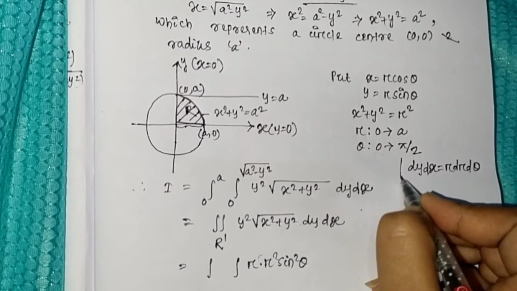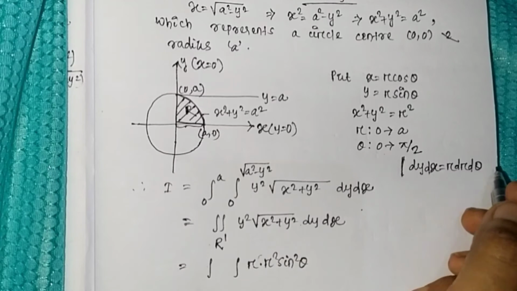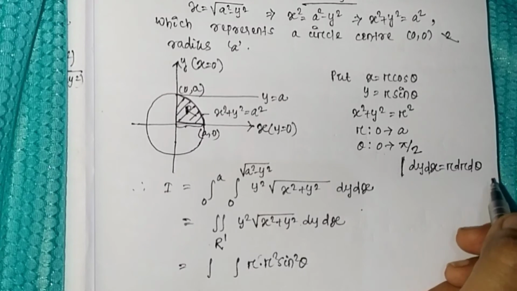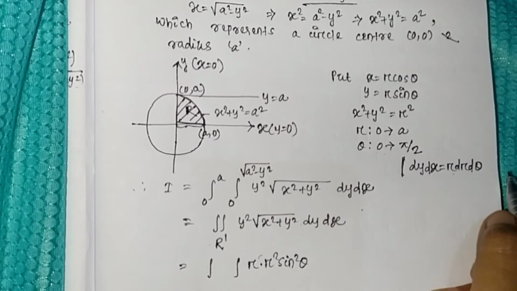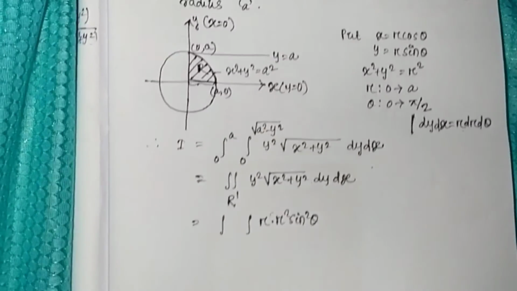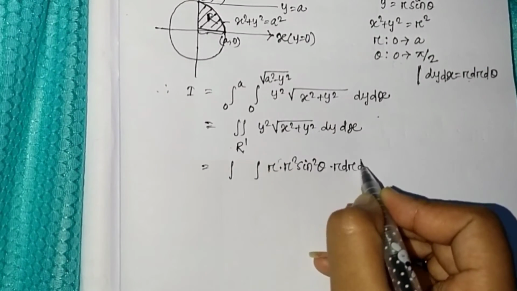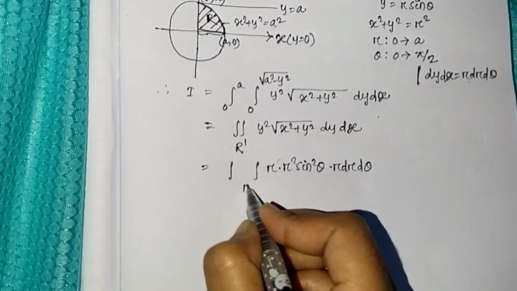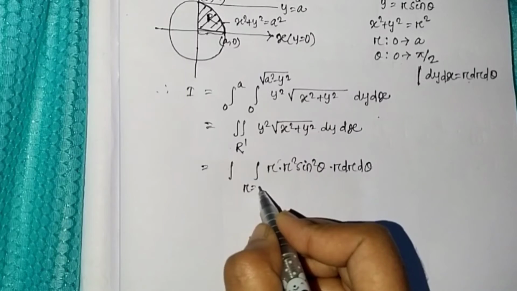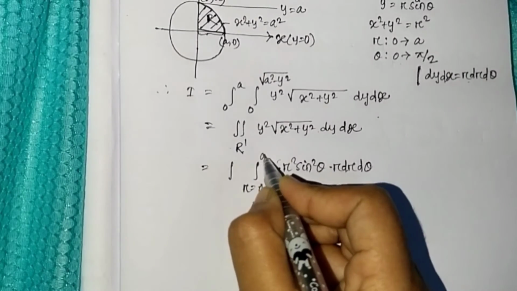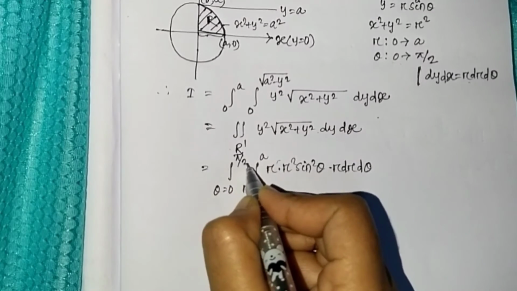We saw this in the first lecture on change of variables: dy dx is changed into r dr d theta. So our dy dx is r dr d theta, and r is from 0 to a and theta is from 0 to pi by 2.